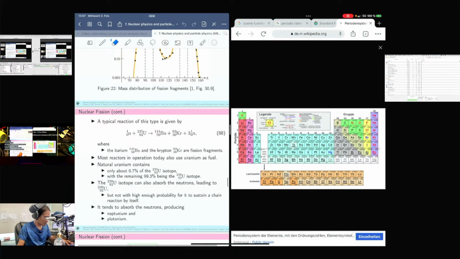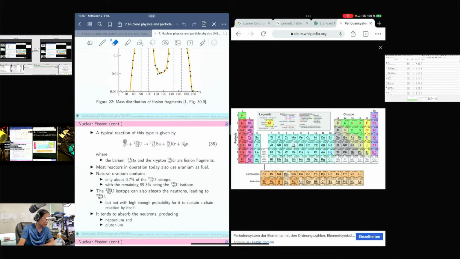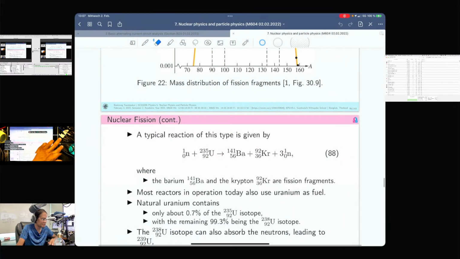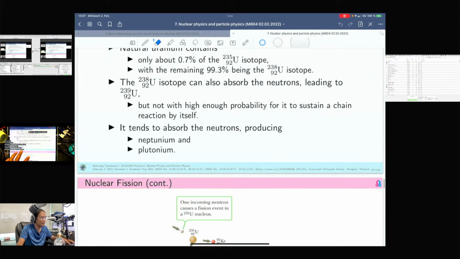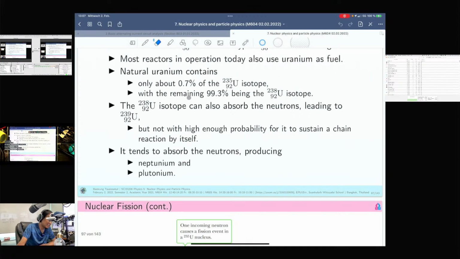Once you inject the high kinetic energy neutron into uranium-238, the neutron will stay inside the nucleus of uranium-238, and it turns out to be neptunium, this element, and plutonium, this one. It is not decomposed into fragments X and Y. It has a different behavior than uranium-235, and that's what happens in nature. So humans cannot apply uranium-238, which is the main isotope in nature. We use the rare isotope of uranium.